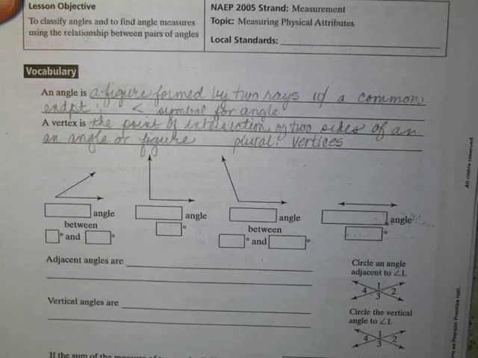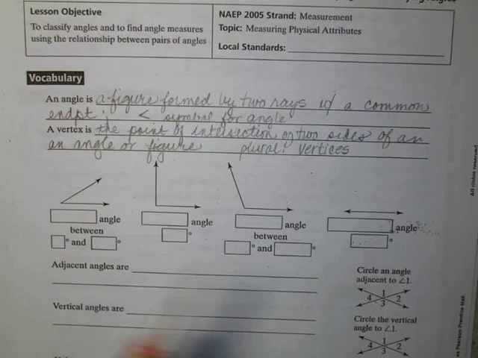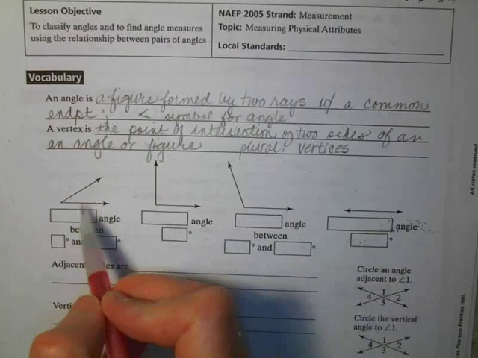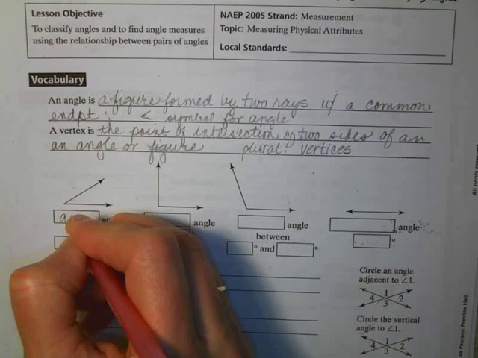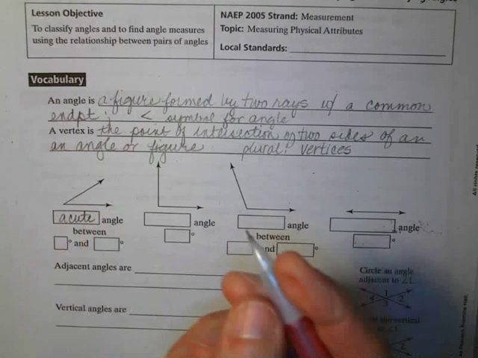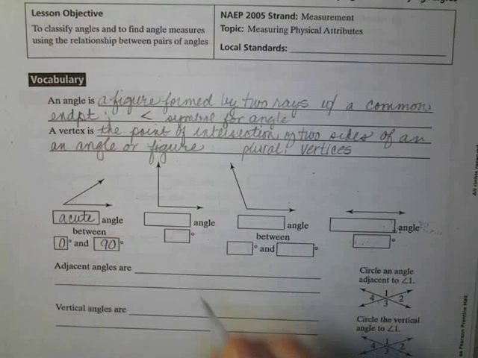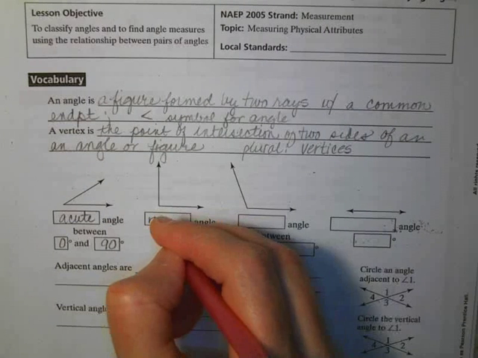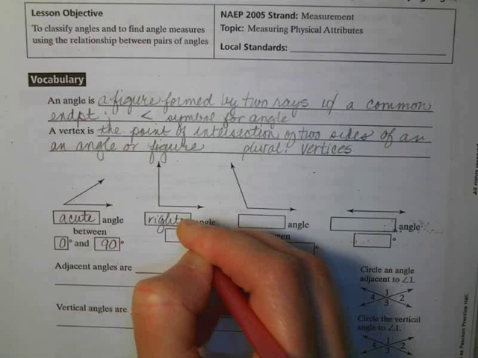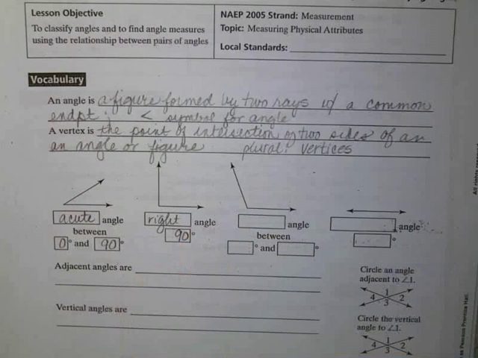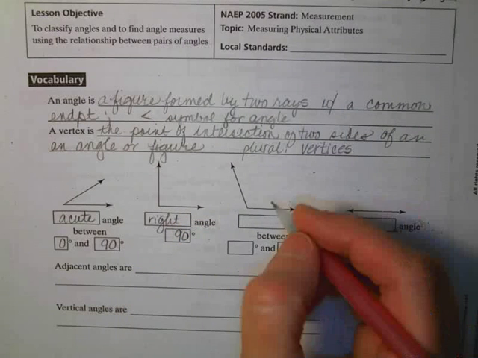Okay, so let's look at some of our angle types here. This first one would be classified as an acute angle. It measures between 0 degrees and 90 degrees. Next door to it is our right angle, and it measures exactly 90 degrees.